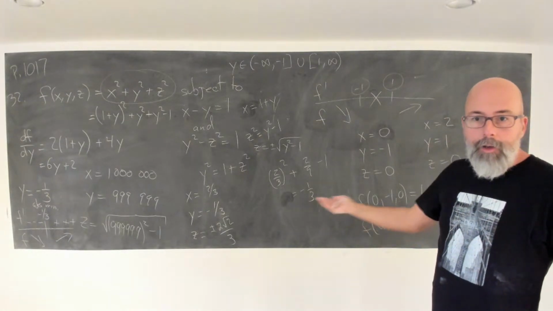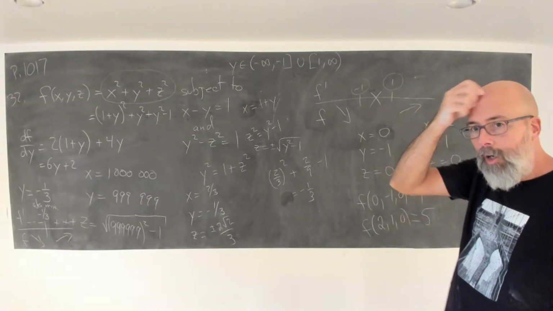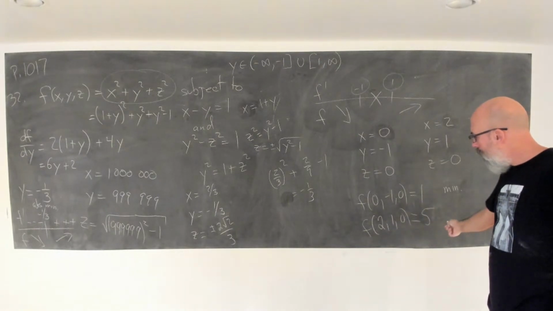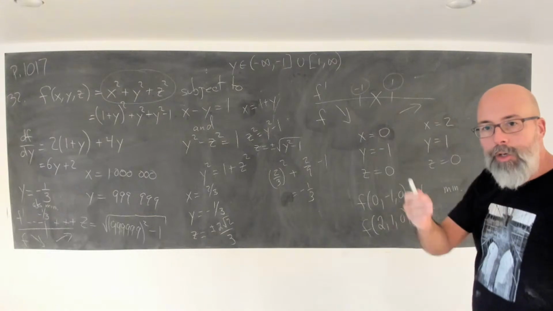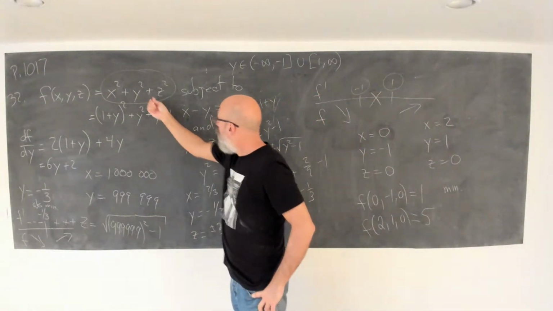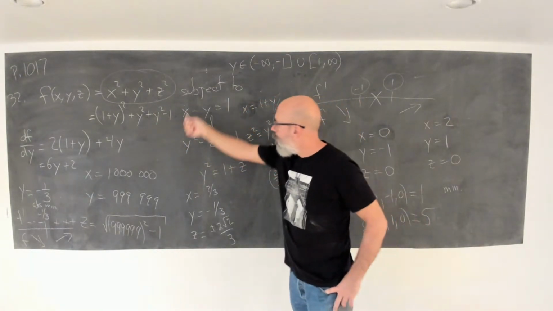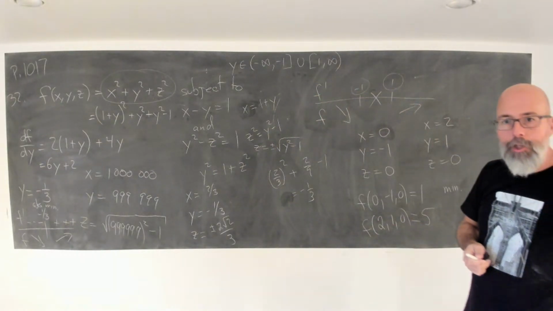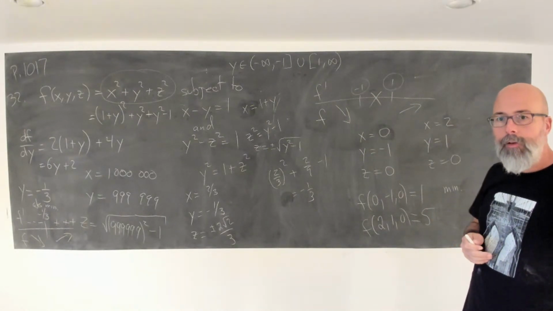It could have been a local max or a local min. We don't know, and it doesn't matter. We know it's not an absolute max because this is not a bounded intersection, and x, y, and z can actually be as large as we want.